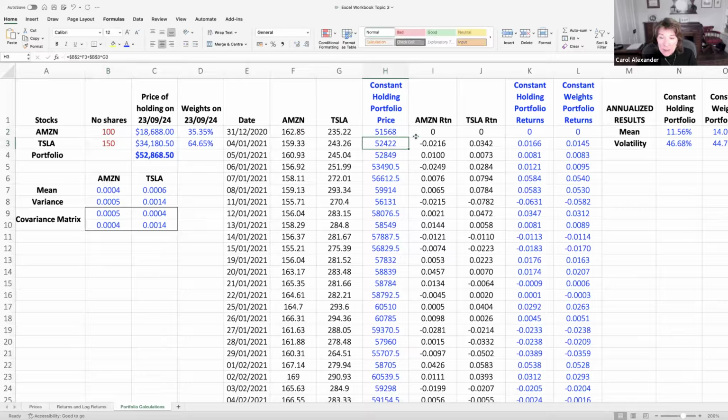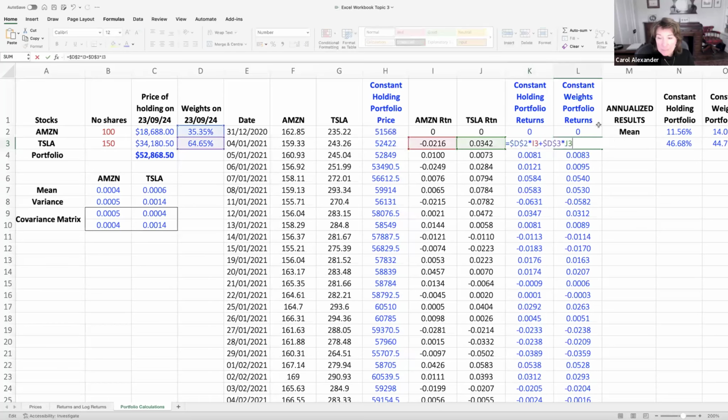Okay, so now we're going to look at the portfolio returns two ways, assuming that holdings are constant. So here, we just look at the constant holding portfolio price and find the return on that. But for the constant weights, we apply the weight times the return plus the weight times the return. This works because it's not log returns. Okay, and then you fill down all of those.